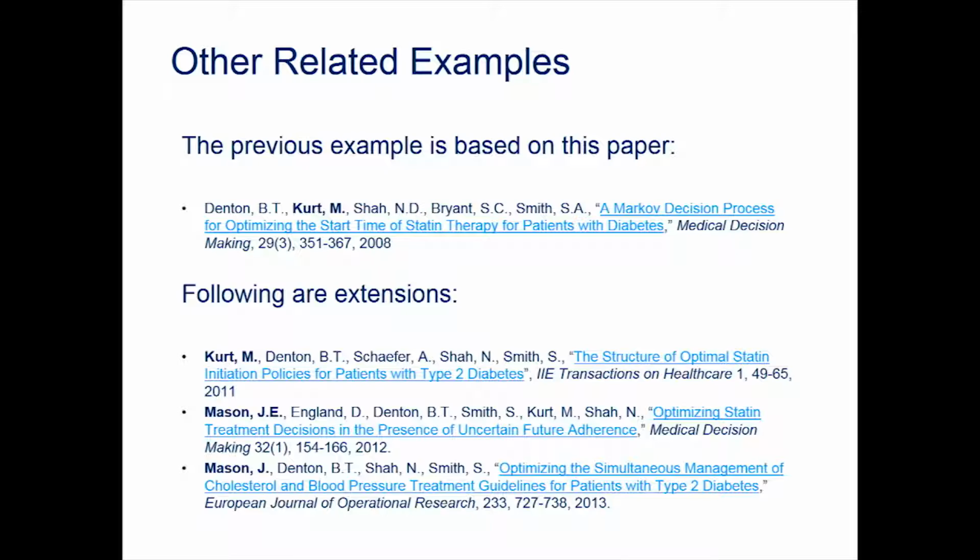Cholesterol and blood pressure get treated separately when you look at the medical guidelines, but that doesn't really make a whole lot of sense when it comes to cardiovascular disease, because they can both influence whether you're going to have a heart attack or stroke.